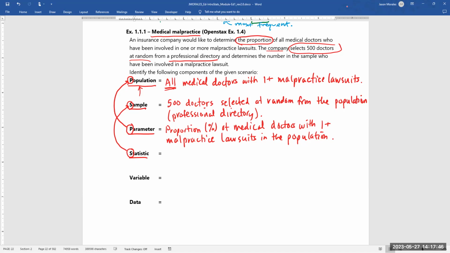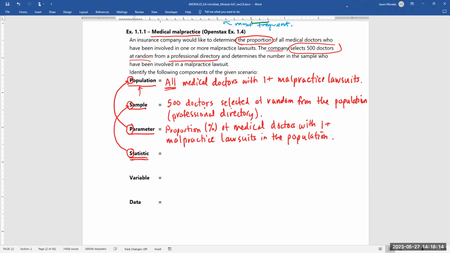It would take too much time, too much cost, etc. So we're interested in a specific parameter, a specific attribute of the population. In this case, we're interested in a proportion or a percentage of a population. So when we take a sample from that population, we're also interested in the same thing, except we're interested in the proportion of the sample.